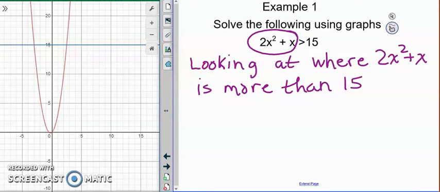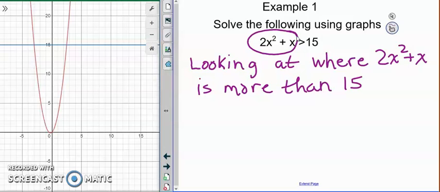So not equal to 15, not less than 15, but greater than 15. So that's what we're trying to find. If we were equal to, that means we'd be at the spot where the two functions intersect. But we're not trying to find that part. We're trying to figure out where 2x squared plus x is greater than 15.